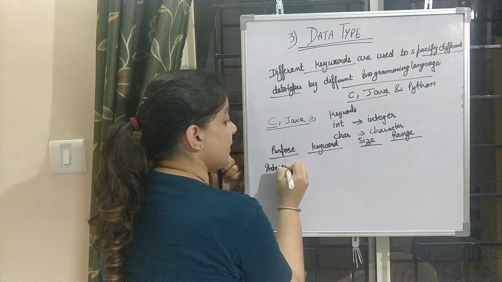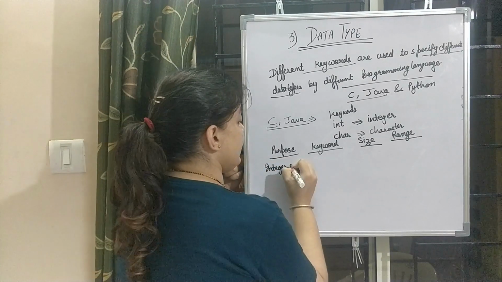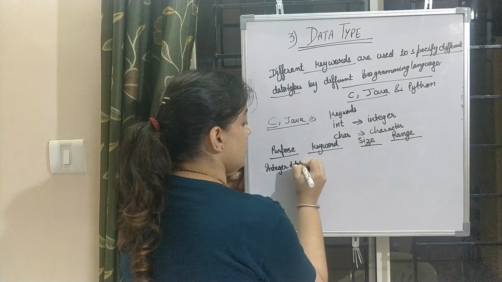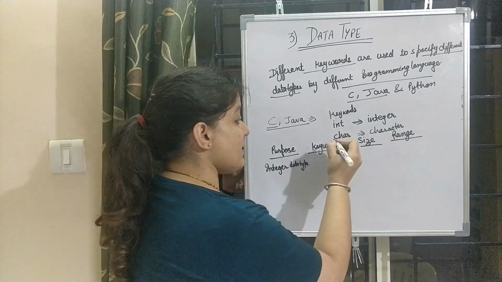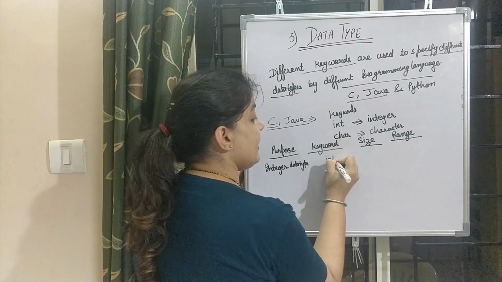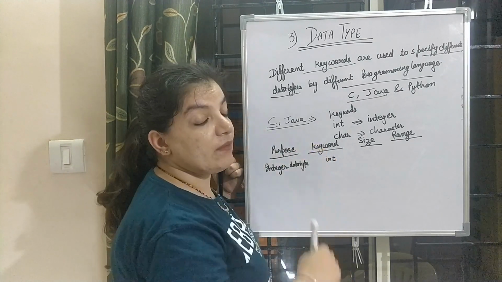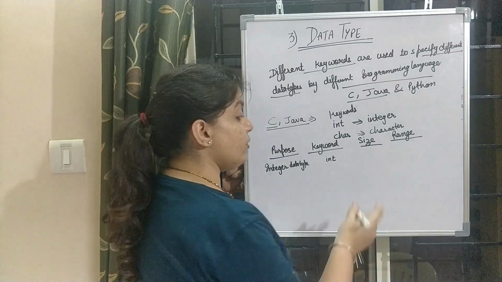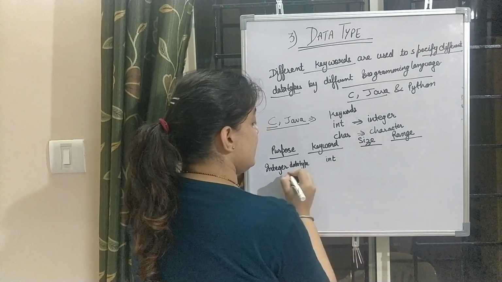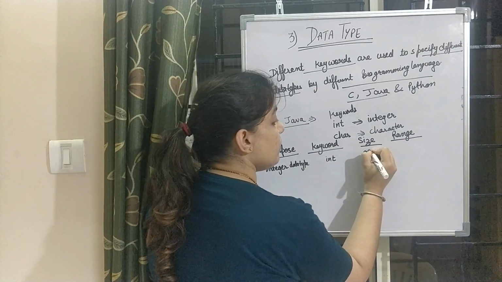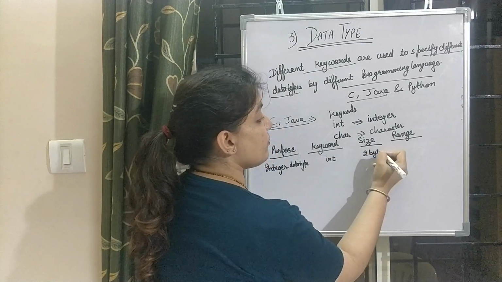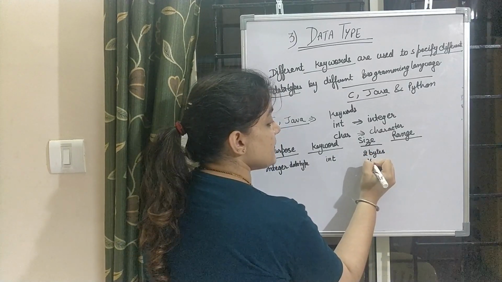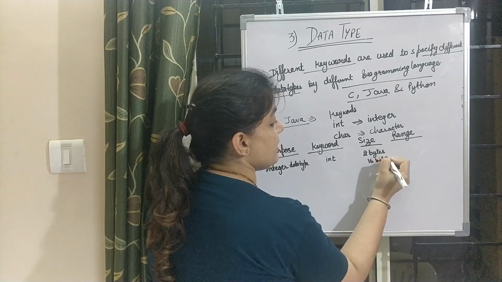If you have an integer number, for this integer data type, which keyword are we using? int, in both programming languages, C and Java, and the size of this integer is 2 bytes. In terms of bits, it will be 16 bits.